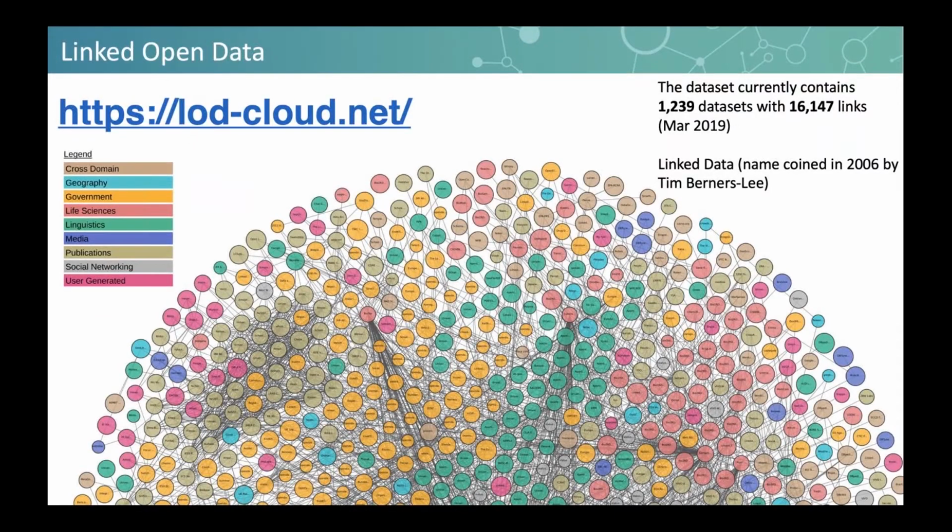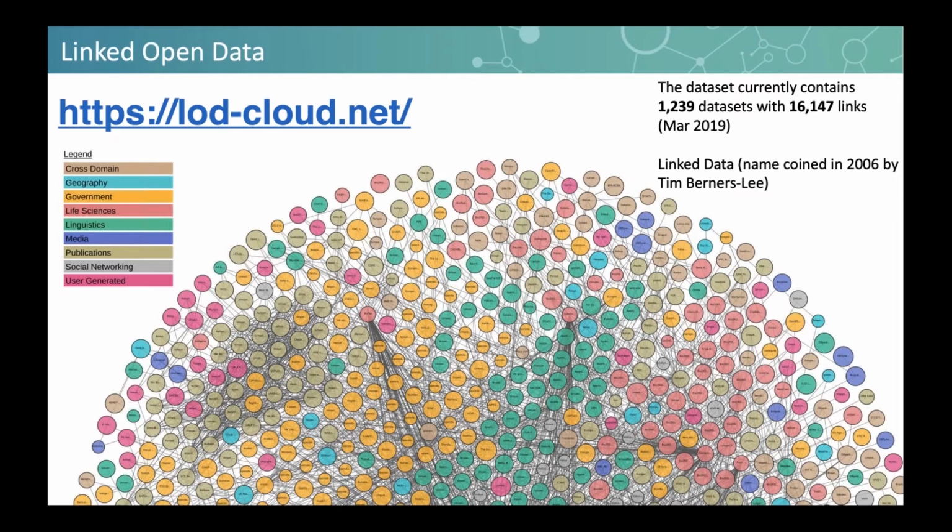The semantic web created the linked open data movement, where all of these different providers online were exposing SPARQL endpoints and exposing data using linked data technologies and semantic web technologies.